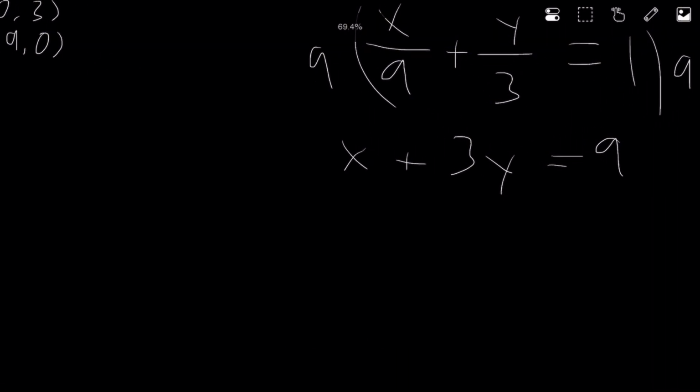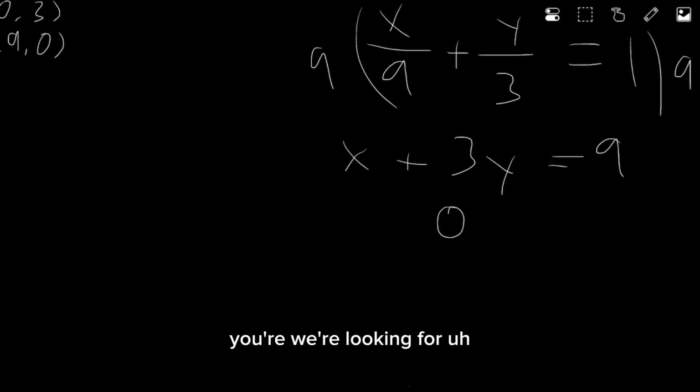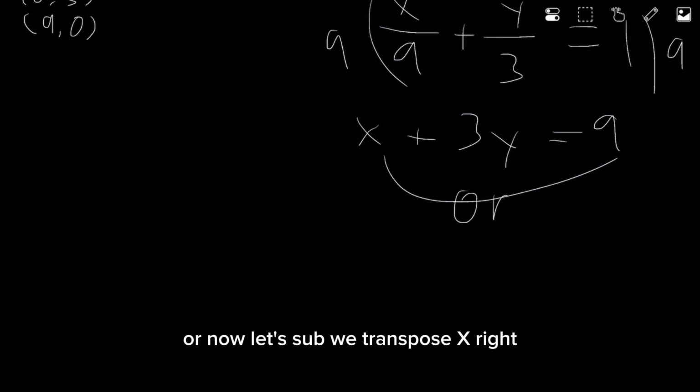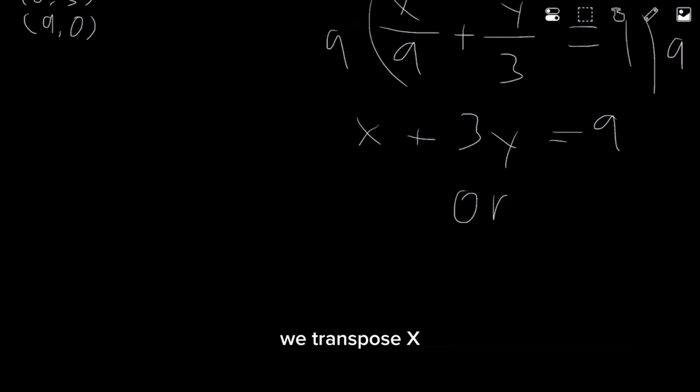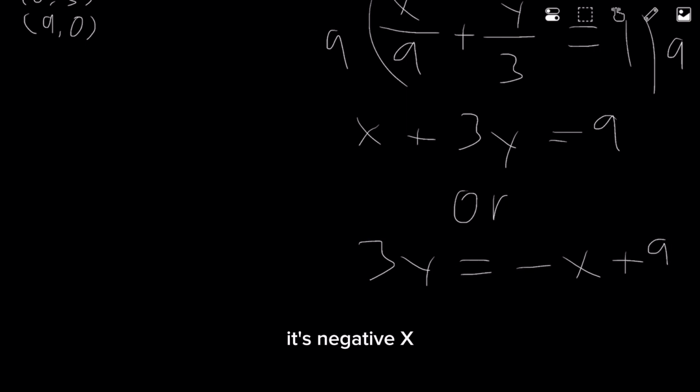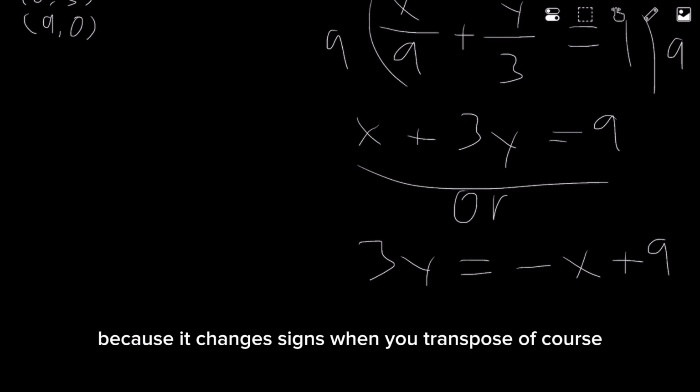What now? Oh yeah, we're supposed to change it, right? Now we transpose x. We get 3y equals negative x plus 9. It's negative x because it changes signs when you transpose, of course.